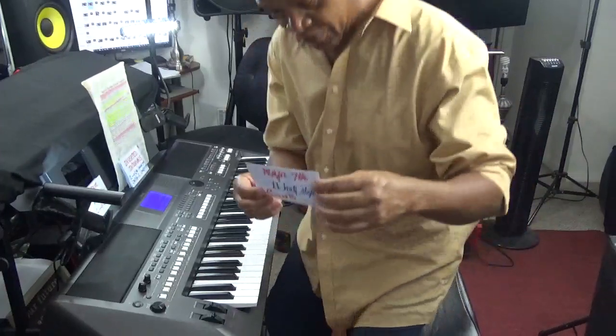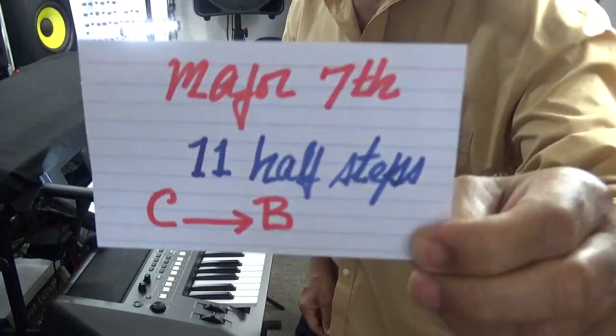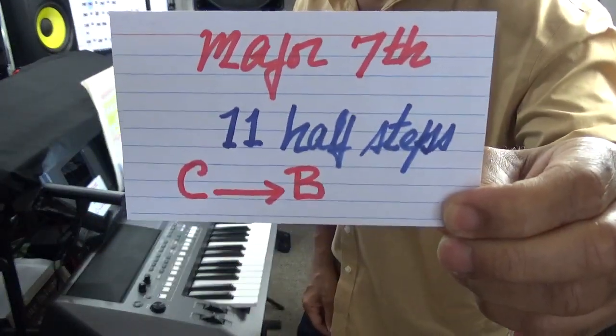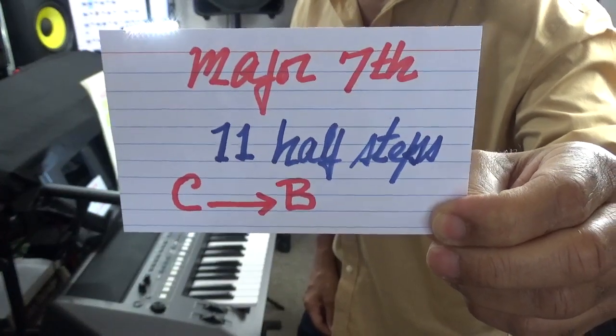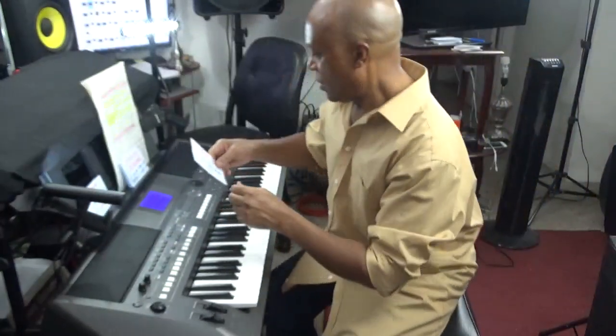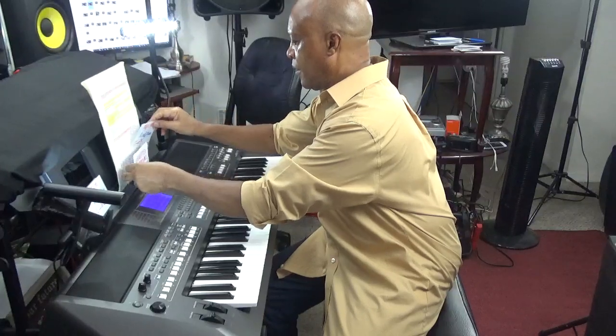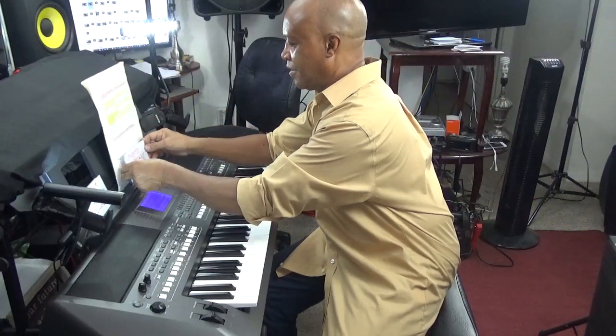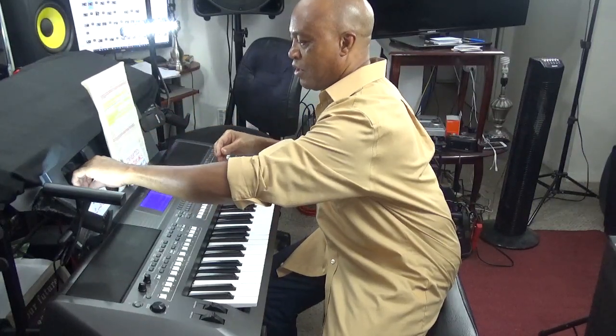Okay, so that interval has 11 half steps. C to B, major 7th interval. And last, well, not last, there's more, there will be more.